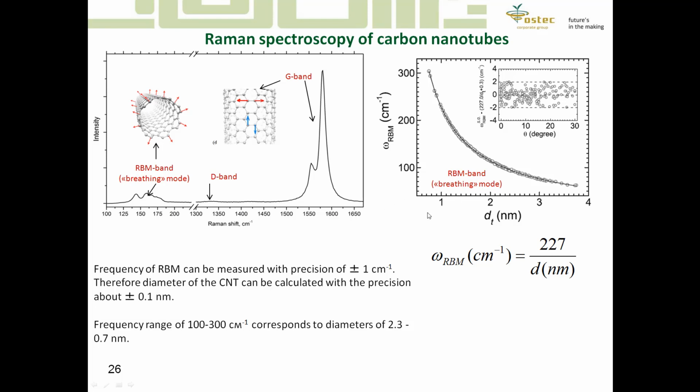The intensity and position of these peaks are directly connected to the diameter of the nanotubes. So this is the equation, and the ratio is the following. By measuring Raman spectroscopy and finding the position of the single wall nanotube peak, for example, we can identify the diameter with very high precision.